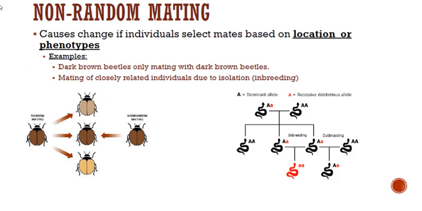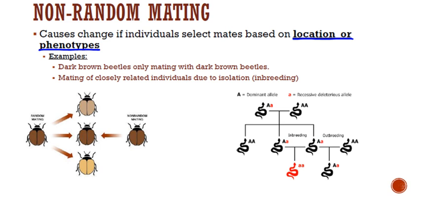Non-random mating. So selecting mates based off of location, because they're around. You're going to mate with something or someone that is within close proximity. Or phenotypes. We do have what's called sexual selection, where females will judge males based off of a mating ritual, or it could be size.